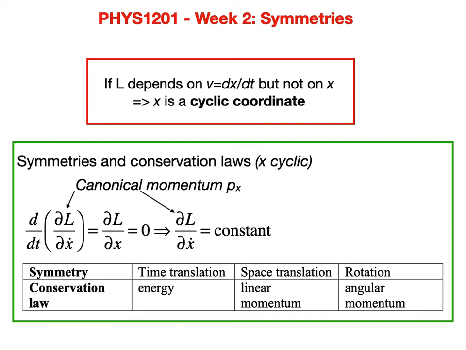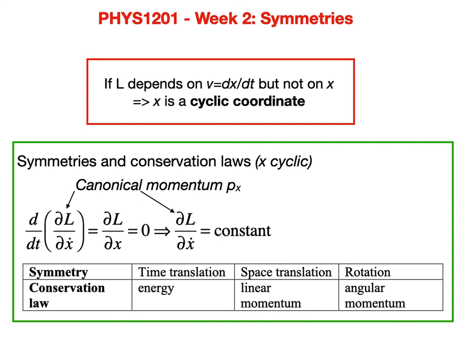Examples include symmetry under space translation. So if you perform an experiment at some position and you do it again at a different position, and if the physics doesn't depend on where you are doing this experiment, you should get the same result. And the associated conserved quantity is the linear momentum.